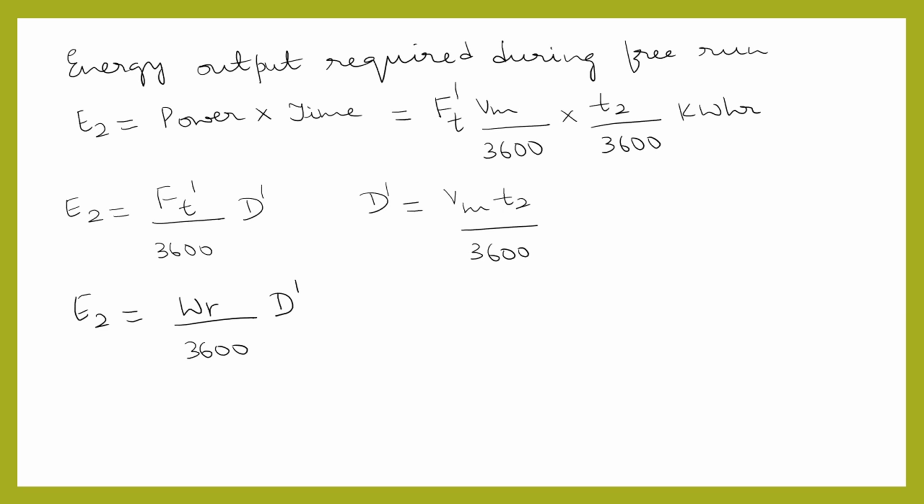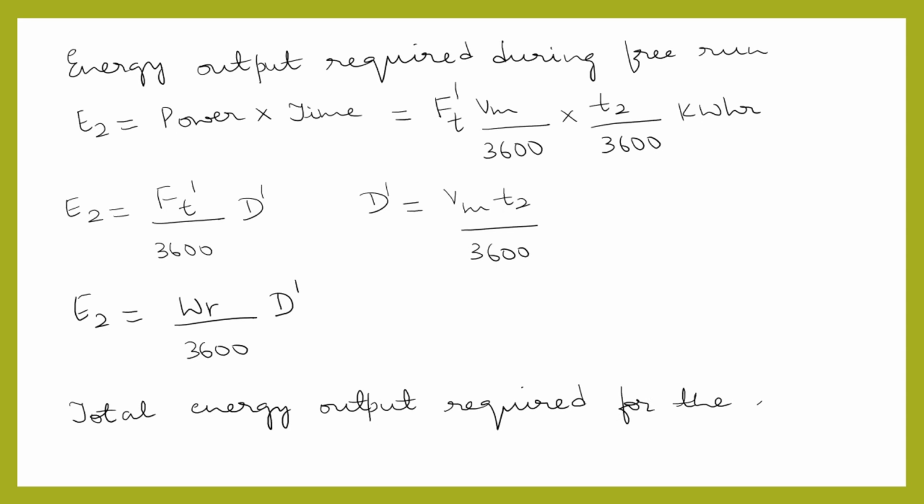So now the total output energy required for the run is given by E equal to E1 plus E2.